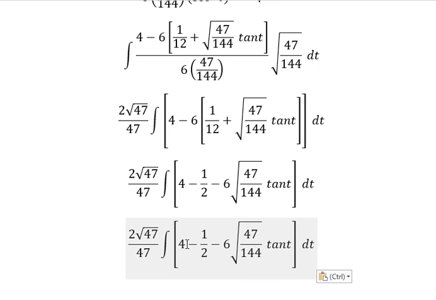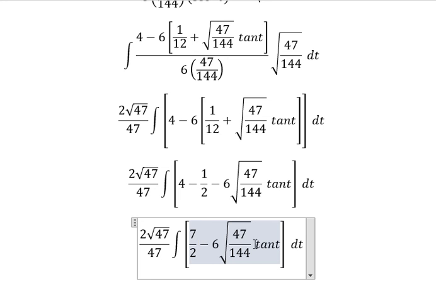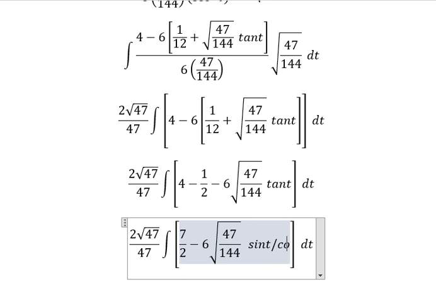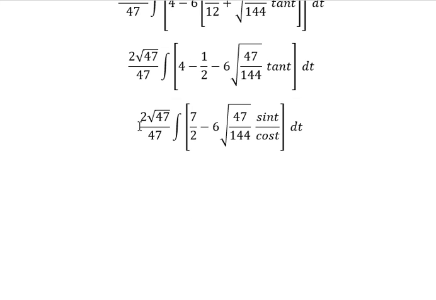So 4 minus 1 over 2, that is 7 over 2. And tan t, that is sin t over cosine t. And now we have the final answer.